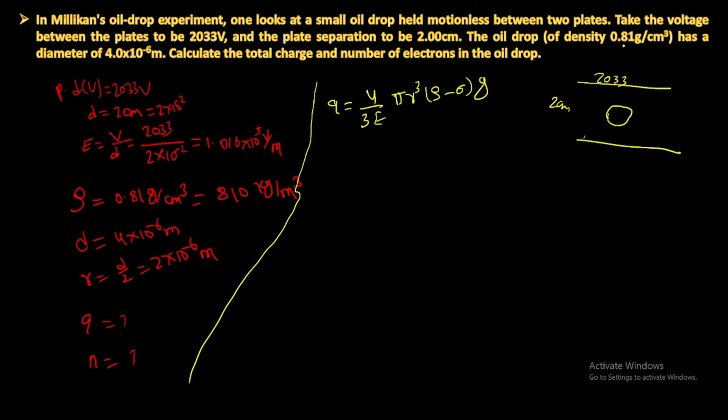Here the question has given only the density of oil, not the density of air, so we can neglect the value of sigma. Total charge Q is equal to 4 by 3 into E, that means 1.016 into 10 to the power 5, into pi, r means 2 into 10 to the power minus 6 whole cube, bracket 810 minus 0 into 9.8.